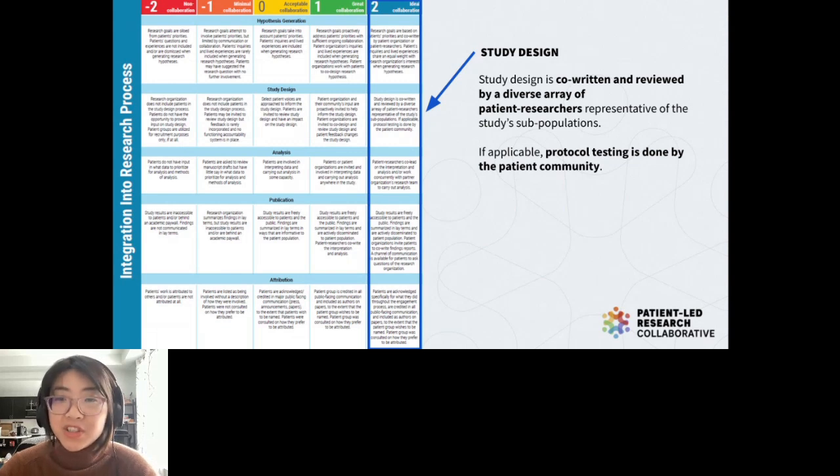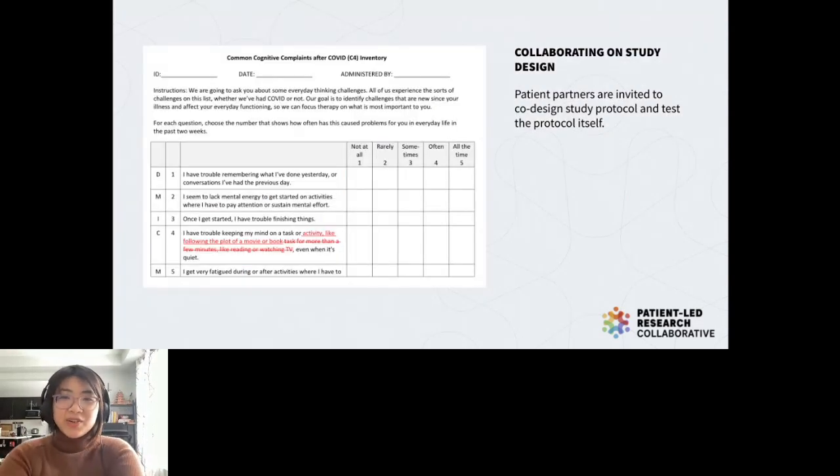When teams approach us with a study design, we offer to say, hey, we can recruit 5 patients within our community to run this pilot with you, and we can use that to refine the study design. This to us is open collaboration. This to us is open science. And so I'll share another example of collaborating on study design.